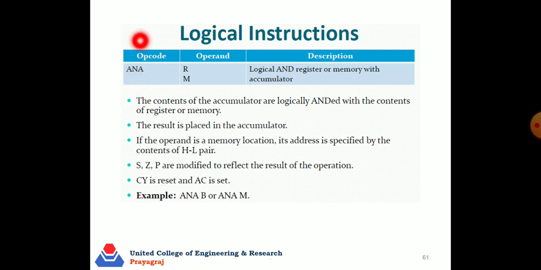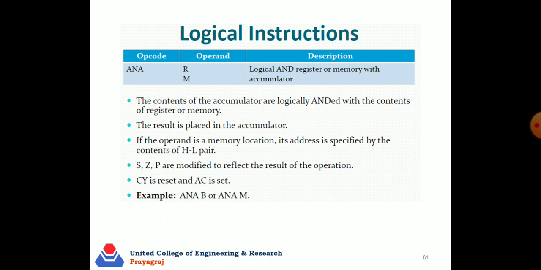So here the opcode is ANA and the operand is R or memory. R means register. As we previously told, R may be A, B, C, D, E, H, or L, or M means memory. Memory means if the operand is a memory location, its address is specified by the contents of the HL pair.